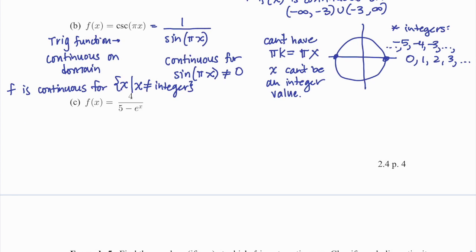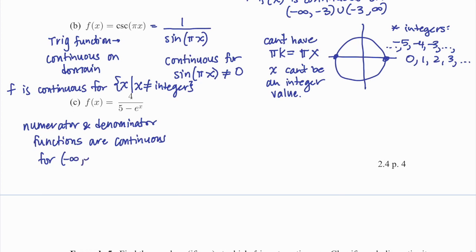So the numerator and denominator functions are both continuous for all real numbers because the domain for an exponential function is all real numbers. So f will be continuous because it's the ratio of two continuous functions as long as the denominator is not 0.